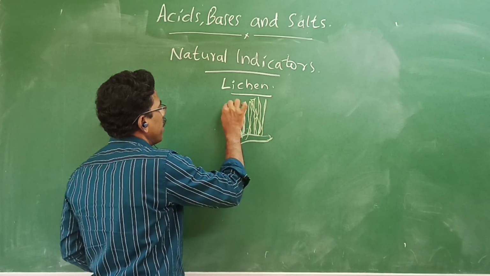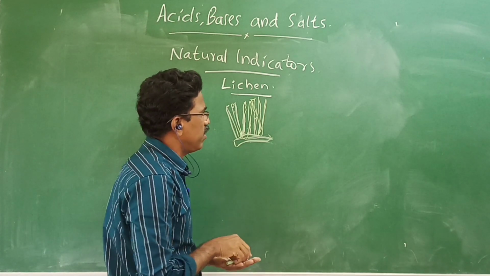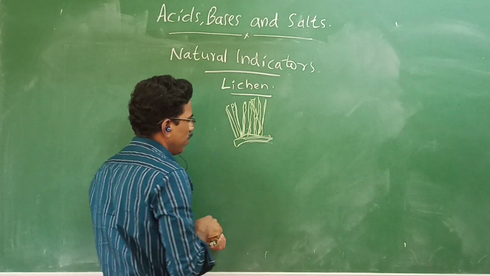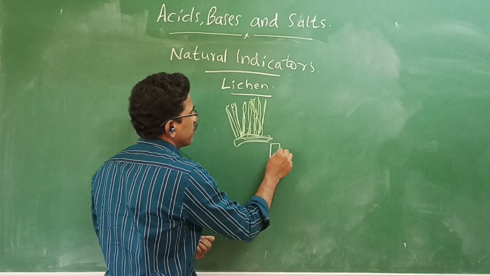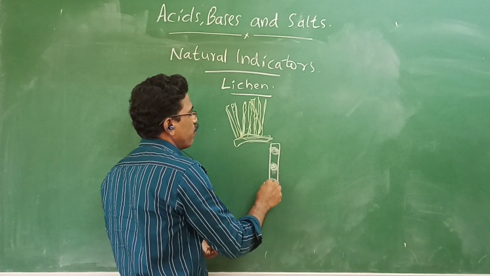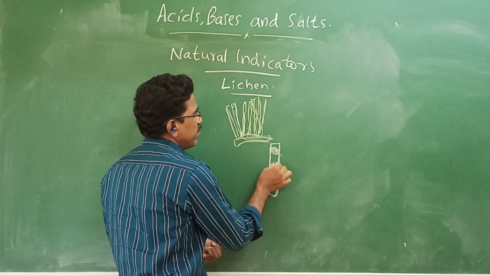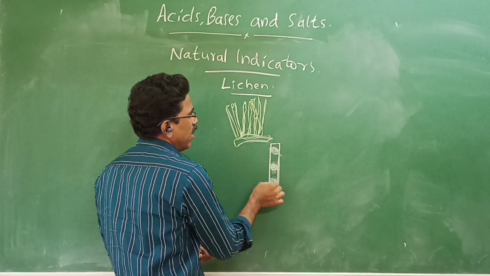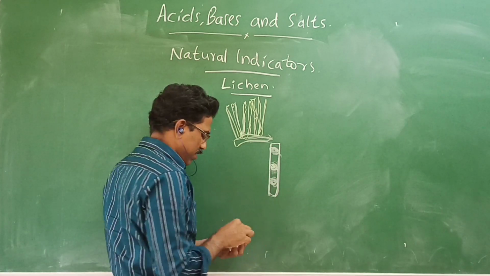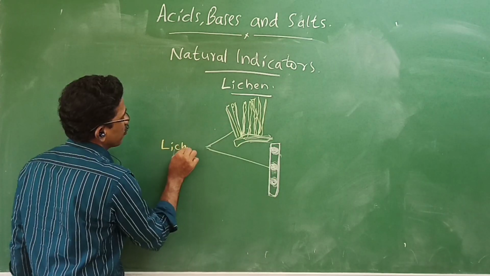The lichen that we usually see in our daily life is on the bark of trees. You can see these green colored patches, and these green colored patches are nothing but lichen.